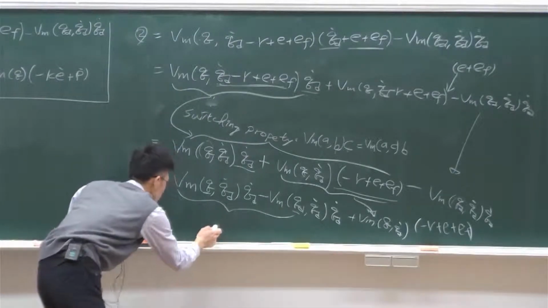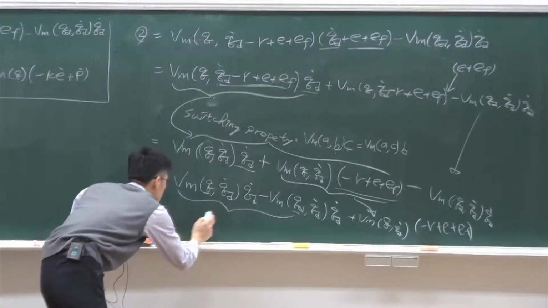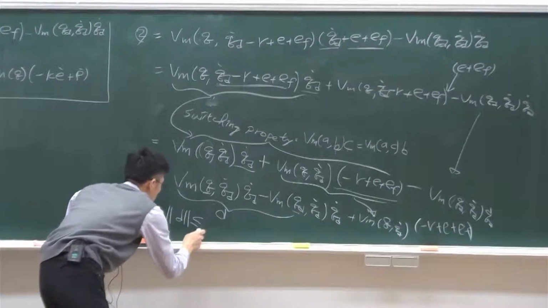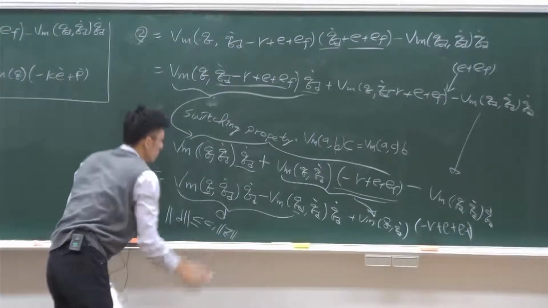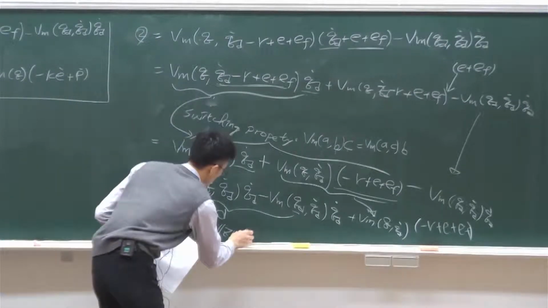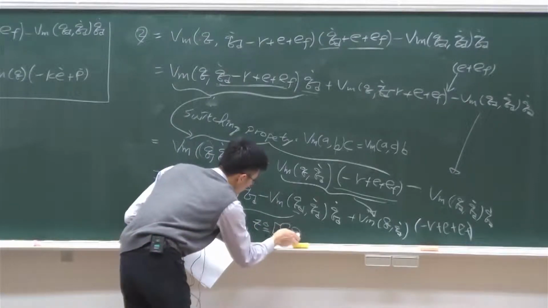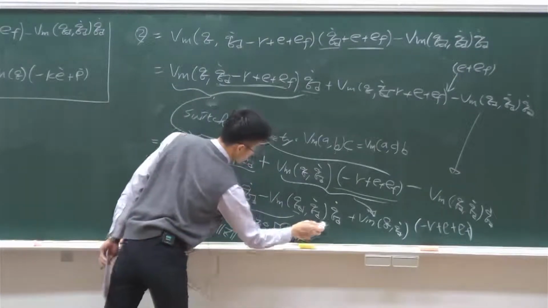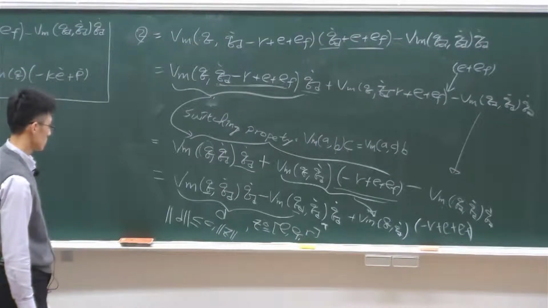So if I call this D, okay, and D norm can be upper bounded by C1 Z norm, okay, and Z is defined as E, F, R, okay, transpose.